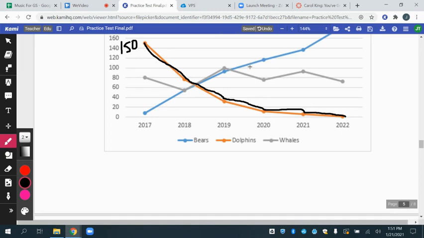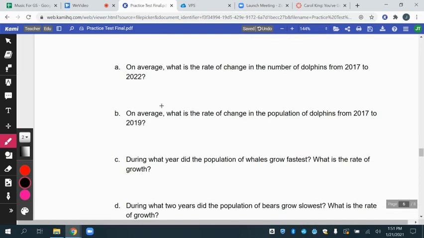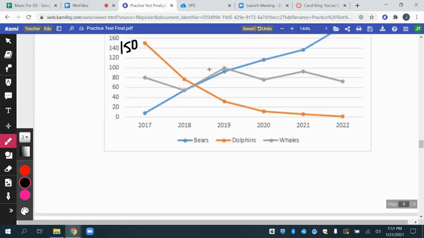So what does that mean? Well, if we are asking for average, that means I want to know, if it were a straight line, how steep is that? How many are they losing each year? Well, it changes every year, right? They lose like 70 or so the first year, and then they lose less than that, and then less than that. Each year they lose fewer, and that's what makes the line curve.